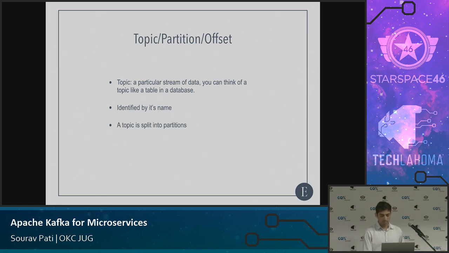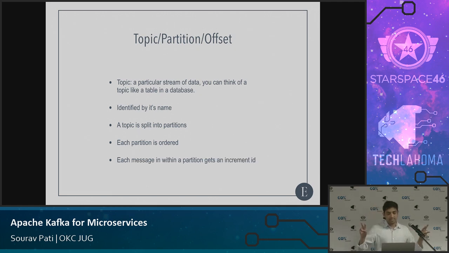But under the hood, a topic is split into multiple partitions. The partition is the one which actually stores the data, and that's the real thing of Kafka. The partition is always ordered. When you have multiple messages, these messages are stored in the partition, and they sometimes also call it a log.